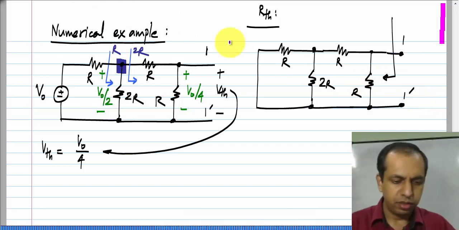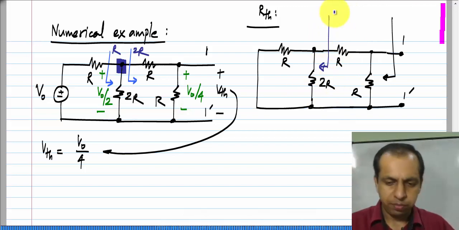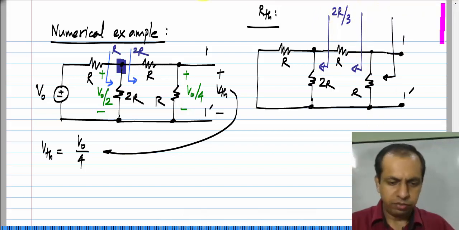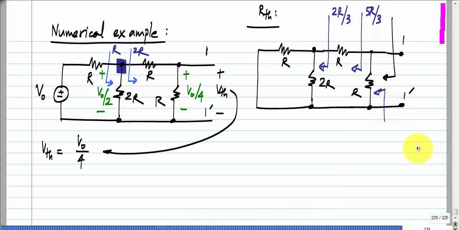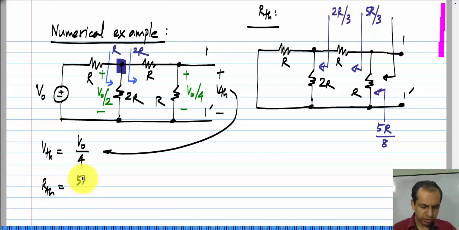What I will do is look here, I have 2R parallel R, which gives me 2R by 3, and here I have that 2R by 3 in series with R, which gives me 5R by 3, and finally, here I have 5R by 3 in parallel with R, which gives me 5R by 8. Okay. So, the Thevenin resistance is 5R by 8. Okay.